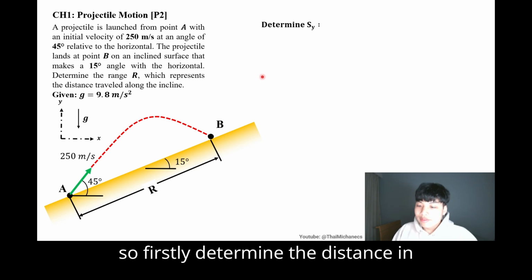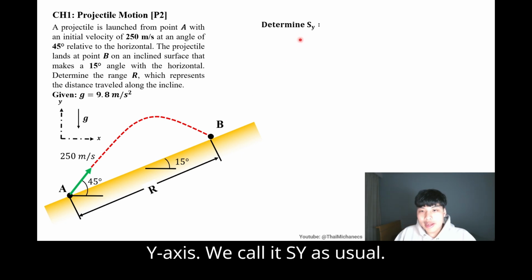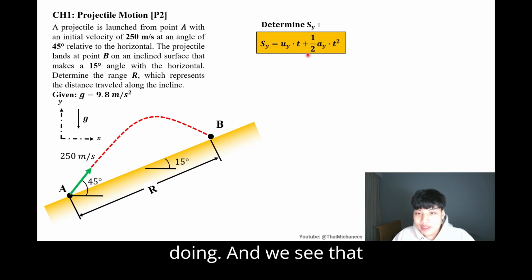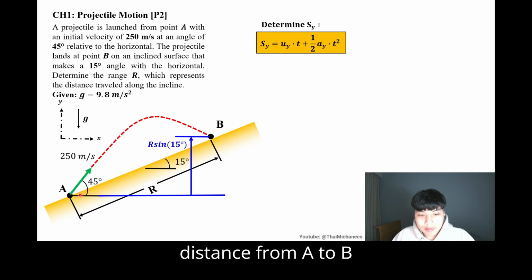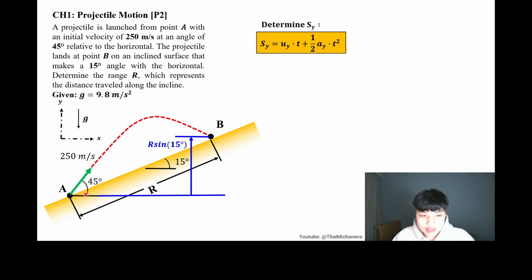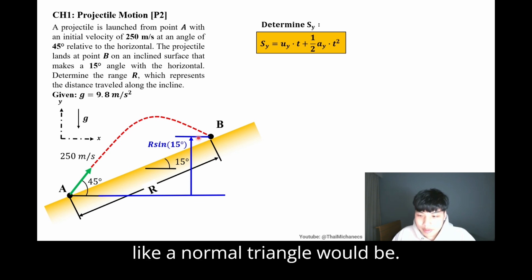Firstly, determine the distance on the y-axis. We call it sy as usual. We put out the same equation we have been using, and we see that the distance from A to B vertically should be r times sine 15, as a normal triangle would give.